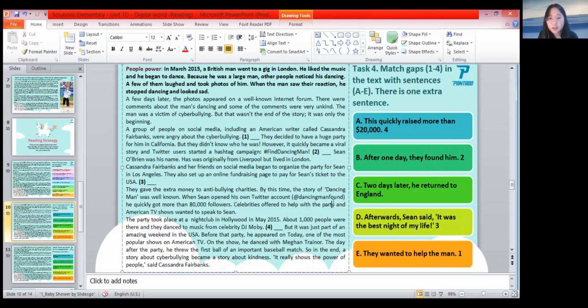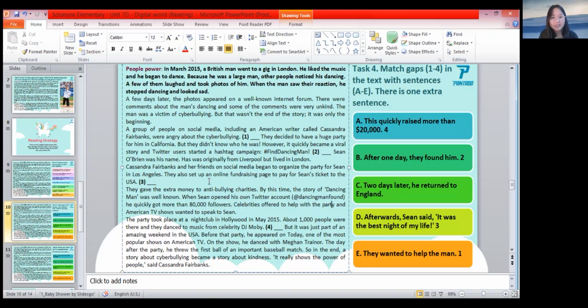Okay, now let's see number 3. They also set up an online fundraising page to pay for Sim's ticket to the USA. Afterwards, Sim said, "It was the best night of my life." Okay, so we are in a fundraising page.